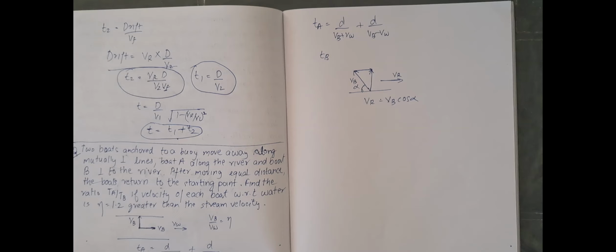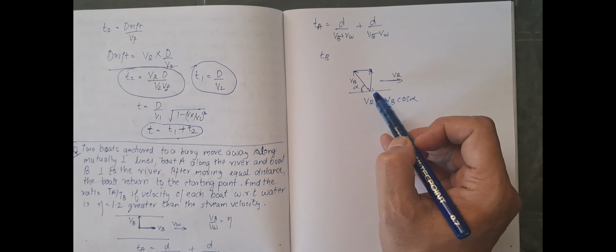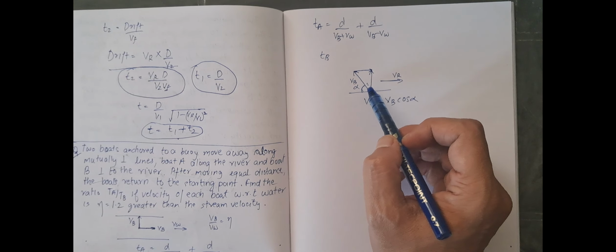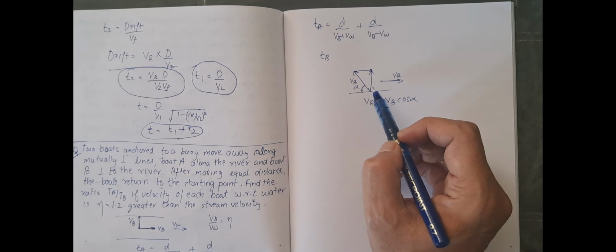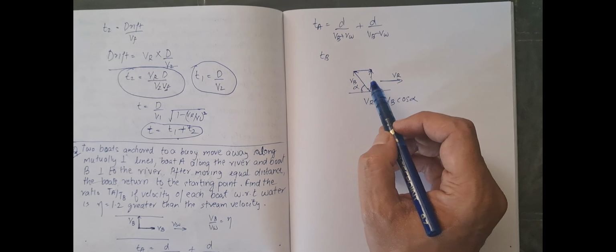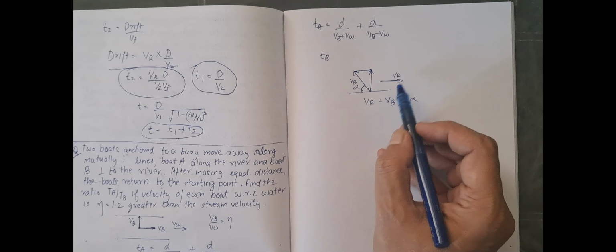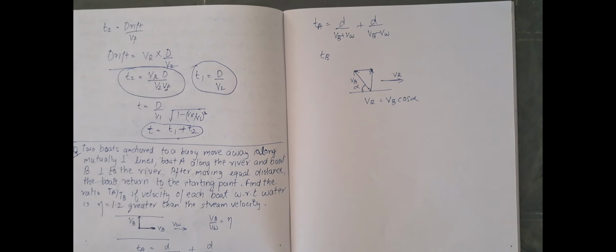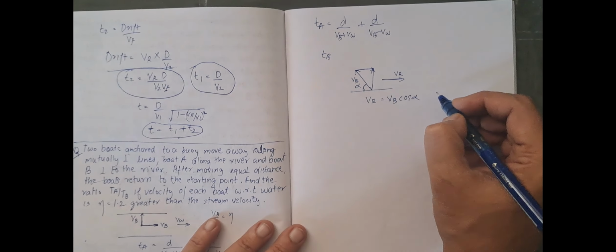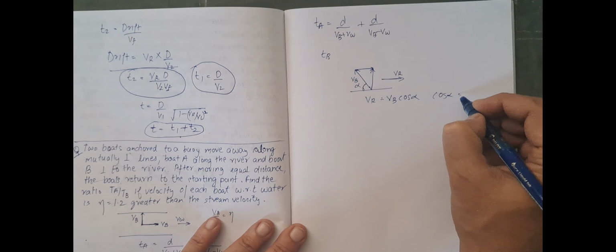Why? Because we know that the boat is traveling at angle alpha and the horizontal component of that gets cancelled with the velocity of the river, which is why it travels perpendicularly to the direction of flow of the river. So the horizontal component VR is equal to VB cos alpha. Cos alpha is equal to VR by VB.